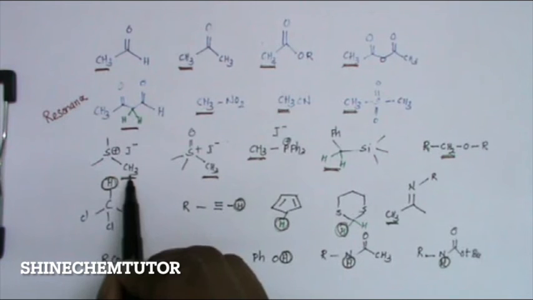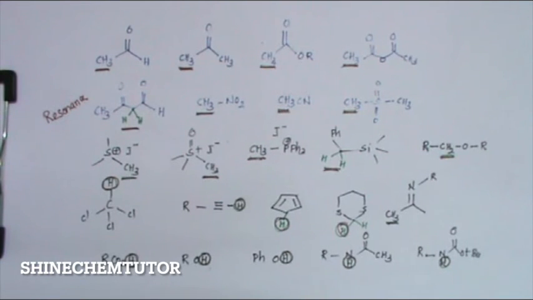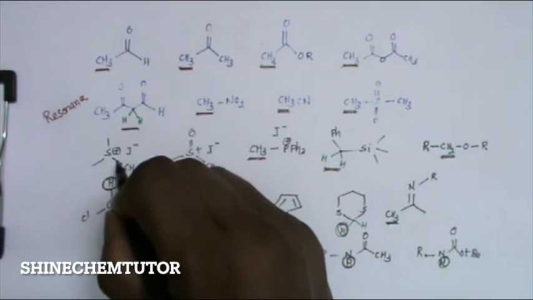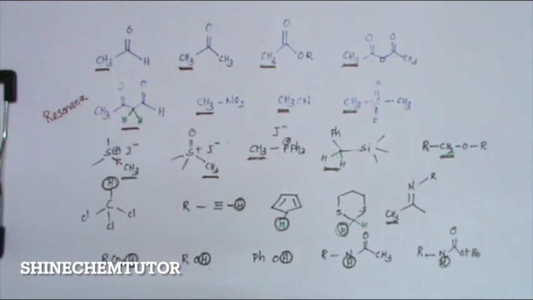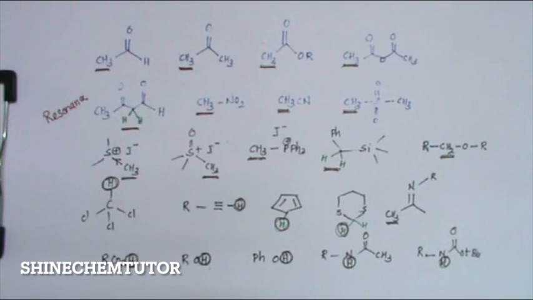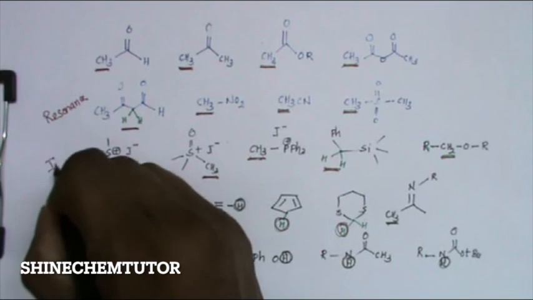Here the alpha hydrogen is acidic. It is not mainly because of resonance, it is because of the plus charge on the sulfur atom or phosphorus atom. Even we have quaternary ammonium salt. When there is N plus, or an atom with plus charge, the alpha hydrogen will be acidic. Since it carries a plus charge, the electron density will move towards sulfur. Because of that, this hydrogen will become more acidic. So the reason for this is the inductive effect.